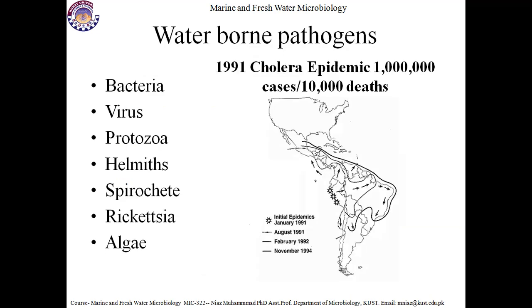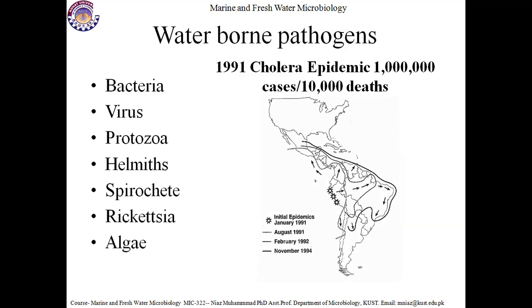So waterborne pathogens: in 1991 cholera epidemics, thousands of cases and 10,000 deaths happened.